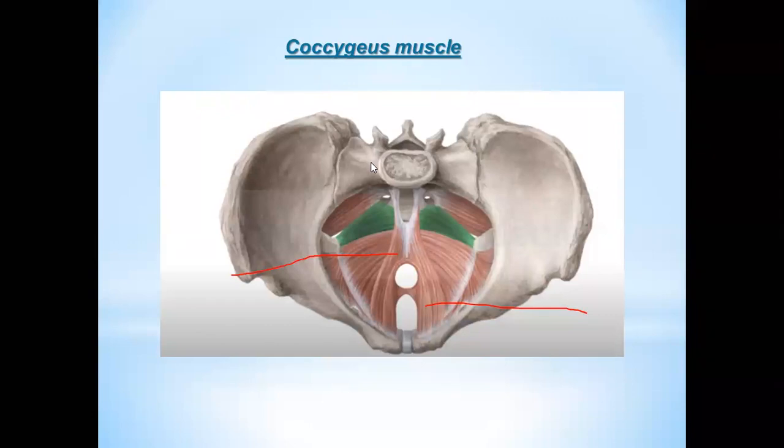So anyone can quickly revise for me the levator ani muscle and the coccygeus muscle. What is the origin, insertion, and function of both the muscles? You can unmute yourself and answer it. Nupur, would you like to try? Anyone?